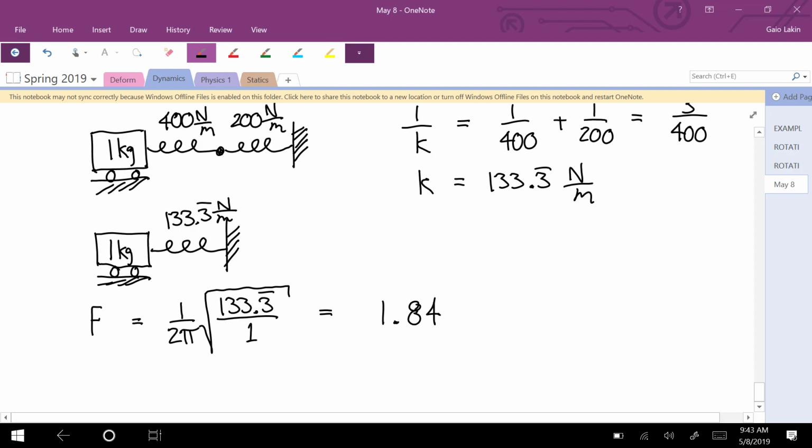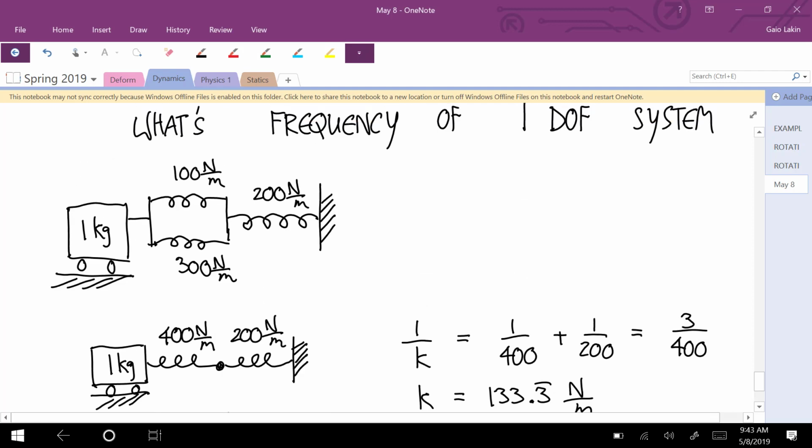So this looks about right. So any questions about that? So that's how you can reduce a complicated system of springs in this case to a single system, and then it's easy to fit it into the mathematical stuff we've done.